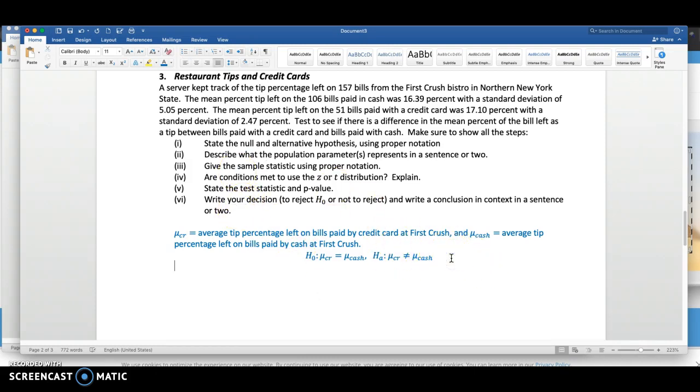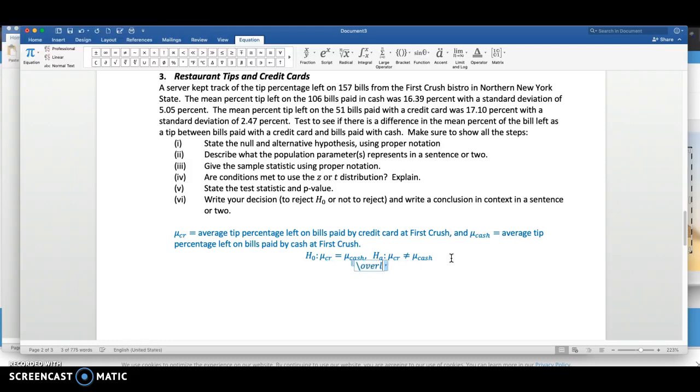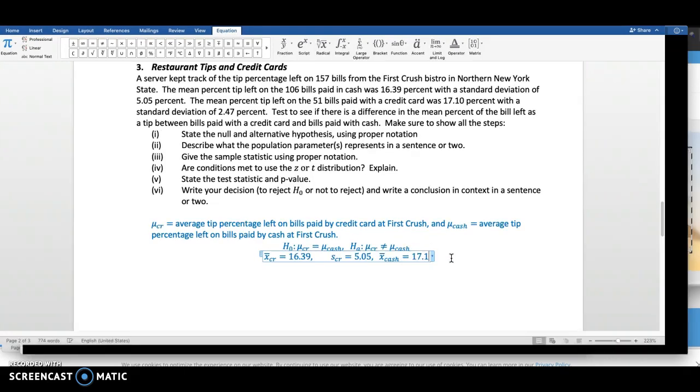All right, the sample statistics using proper notation. So here we have x bar sub CR for credit card. Credit card left 16.39. S sub CR, that's the sample standard deviation, 5.05. X bar sub cash, the average for the cash sample was 17.10.